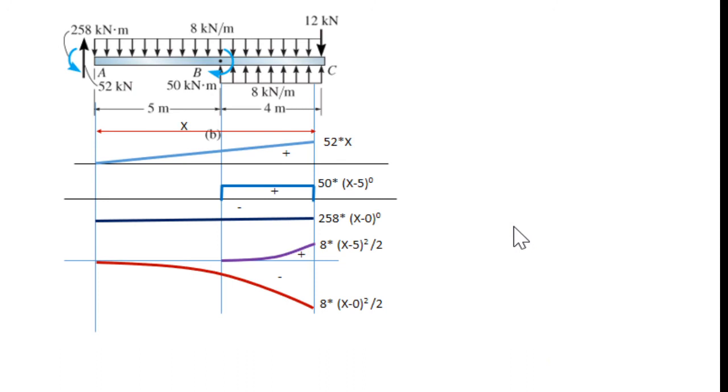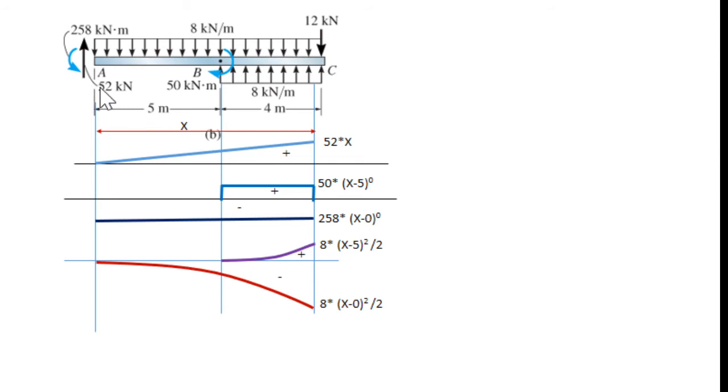When we take this section, you can write the expression for the moment. We are taking a section here, which means we are putting one line and making it fixed here at distance x. When we fix it here, it is like a cantilever on this side now. One by one we have to draw.